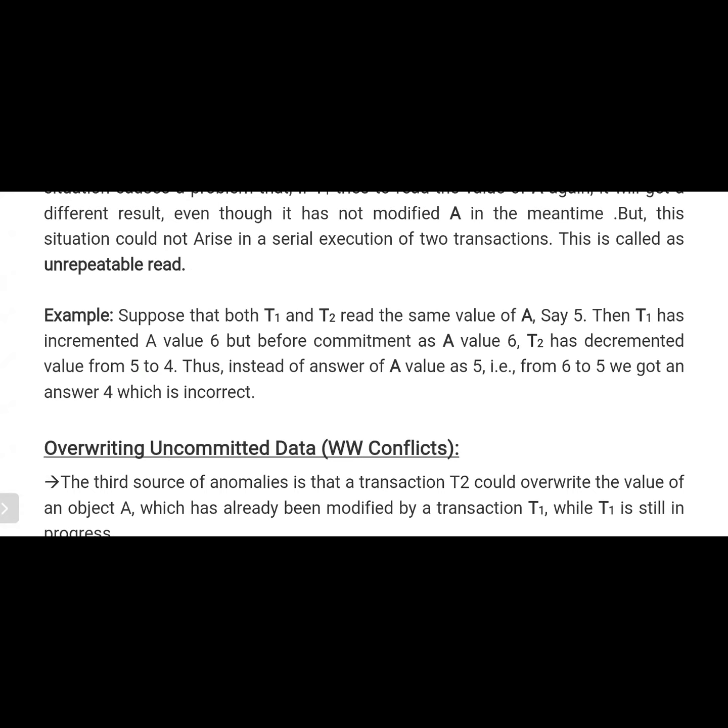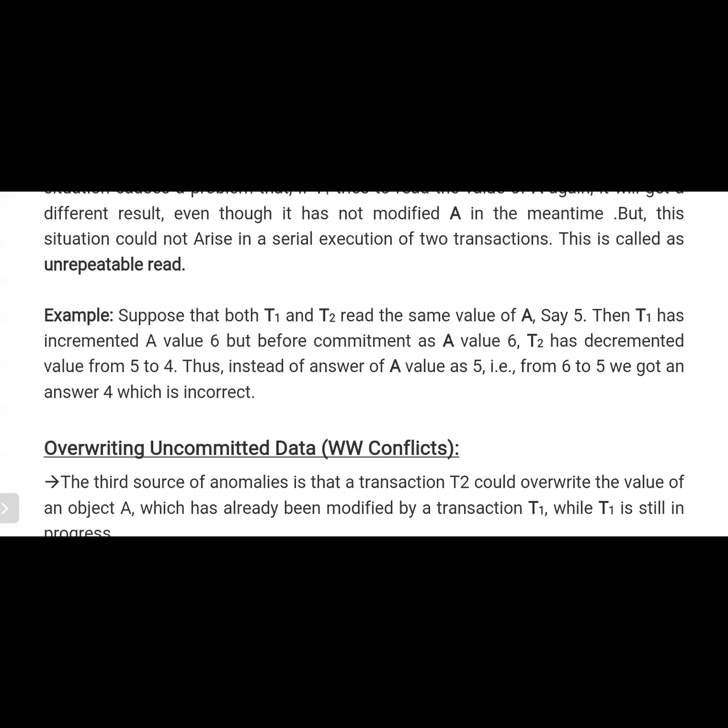Initially A equals 5. T1 reads the data item and increments it by 1. If it completes successfully, the value of A is 6.